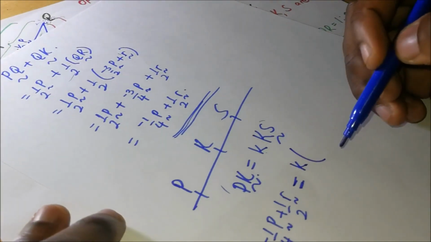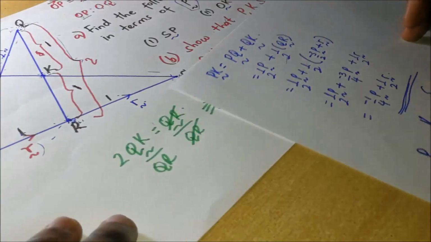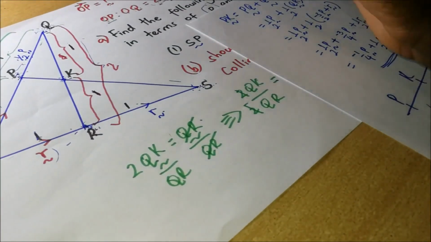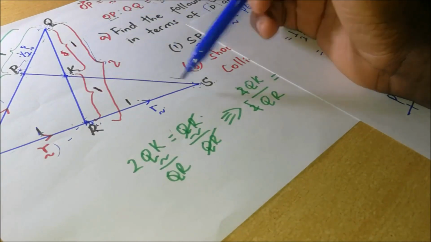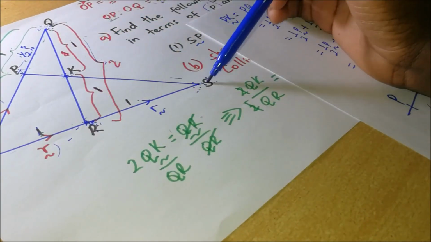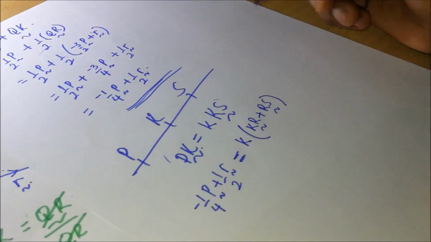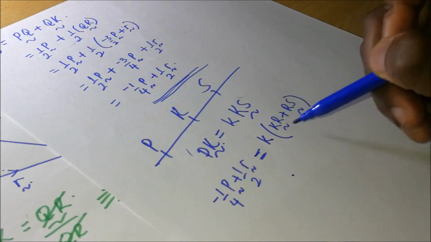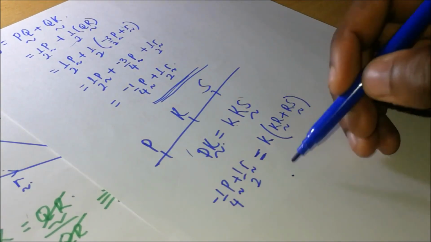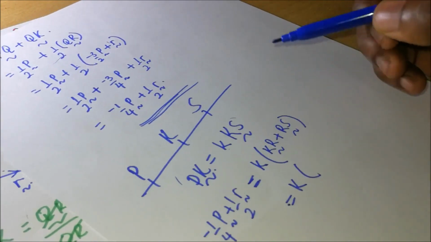Now what is KS? We didn't get KS at all, but we know that KS is also KR plus RS. So we can find KS. So KR plus RS. So let's try and find KS. So this is going to become k outside the brackets into what is KR.